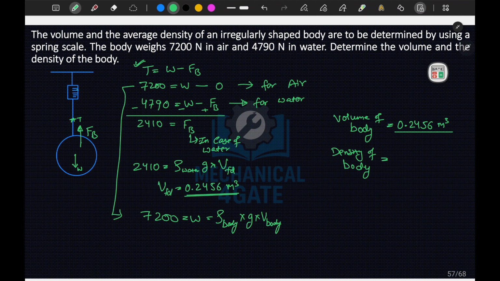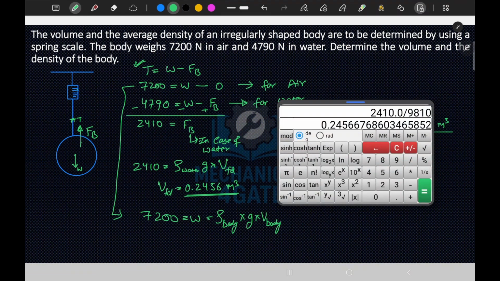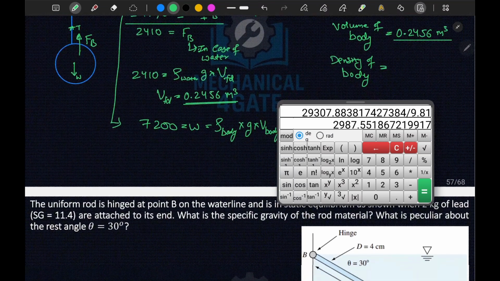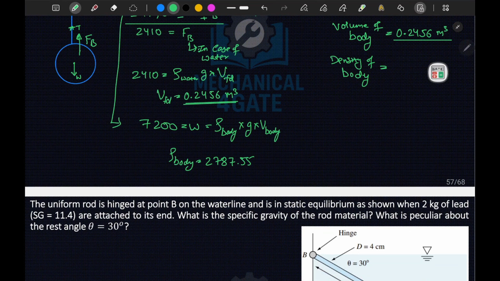Okay, so we will inverse it and multiply it with 7200 divided by 9.81. Okay, so from here we have obtained our density of body is equal to 2987.55 kg per meter cube.